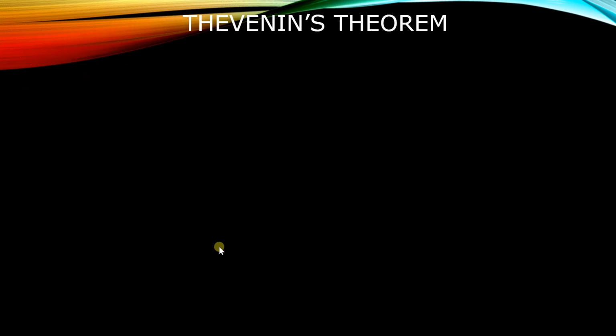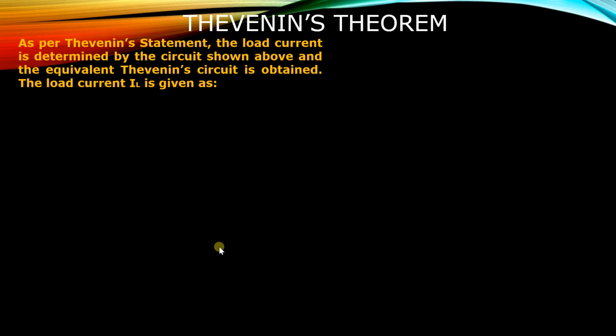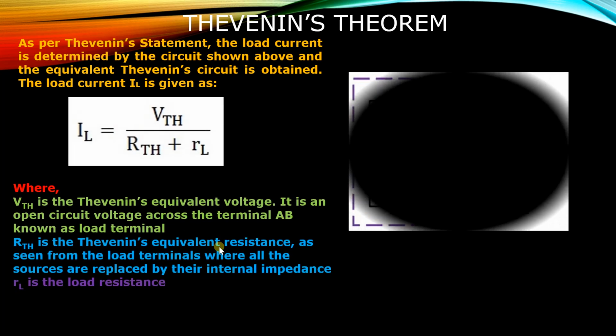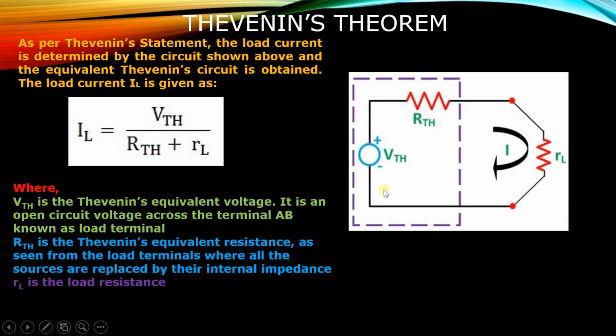resistance. Then, as per Thevenin's statement, the load current is determined from the circuit shown, and the equivalent Thevenin circuit is obtained. The load current IL is given by this. This is our Thevenin circuit where we have found Vth and Rth. This is the equivalent Thevenin resistance, and this is the Thevenin voltage, and these two are connected in series with each other.